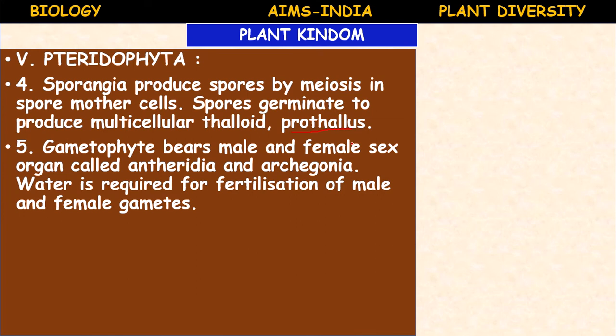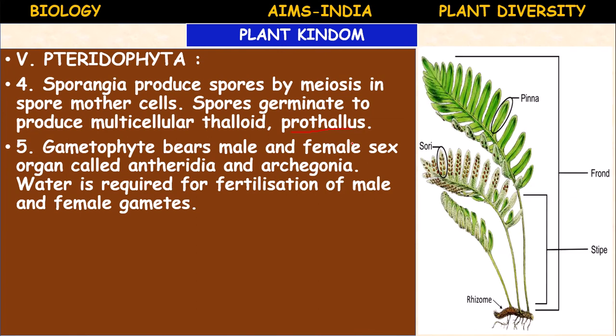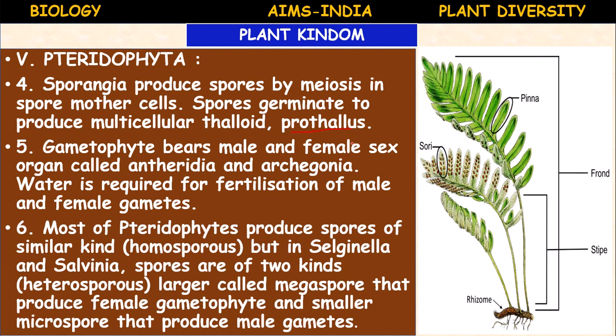This is the reason why. The gametophytes bear male and female sex organs called antheridia and archegonia respectively. Water is required for transfer of especially antherozoids. What do you call antherozoids? Antherozoids are nothing but male gametes. Most of the pteridophytes produce spores of similar kind.